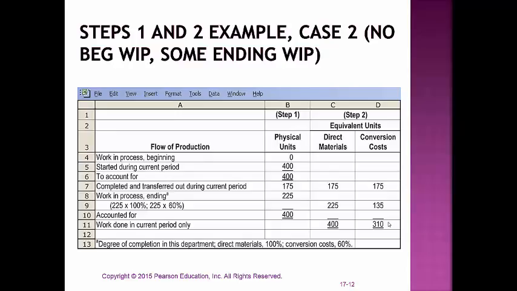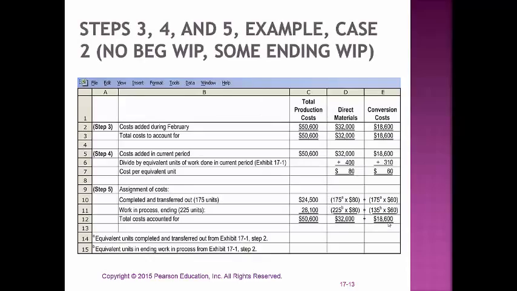Or actually, if we had beginning inventory, it would be conversion cost carried over as well, but you'll see that here in a moment. Alright, so steps 3, 4, and 5. This is where we get into the assignment of the cost. This case 2 had no beginning inventory, therefore there were no costs to be carried over.